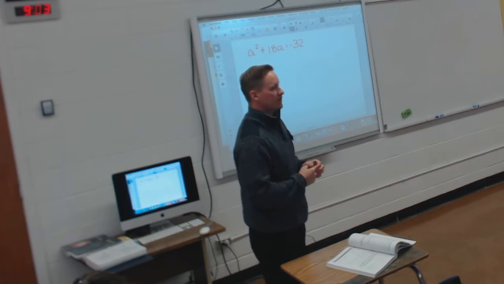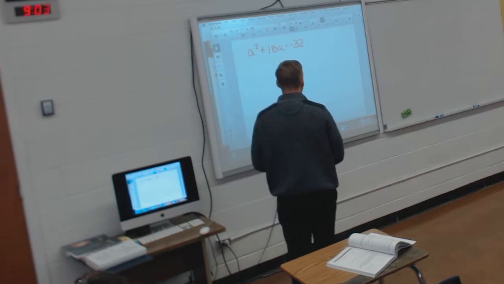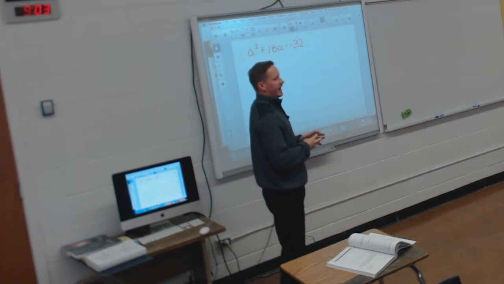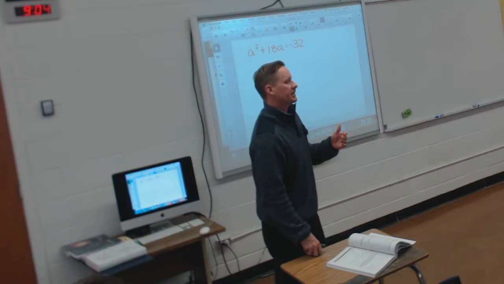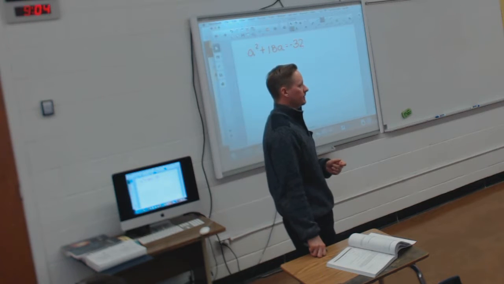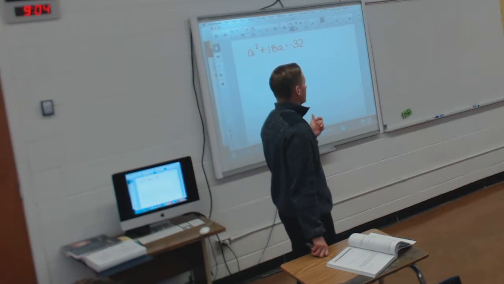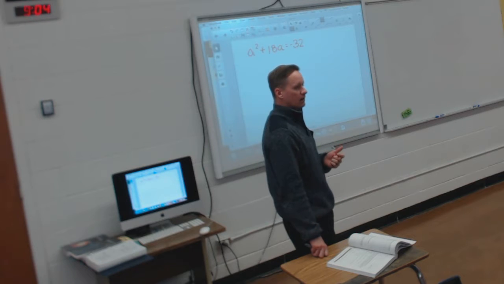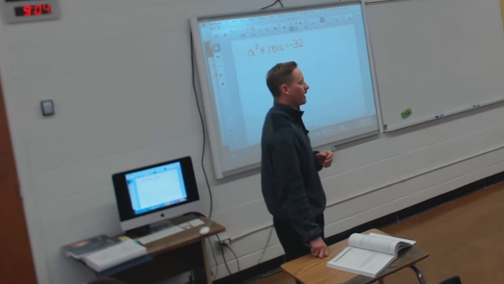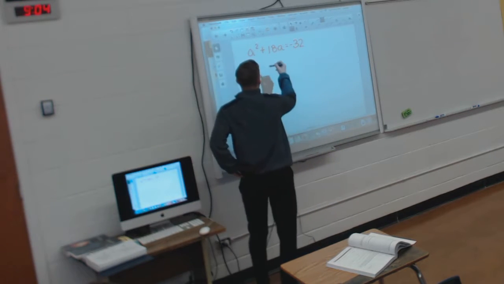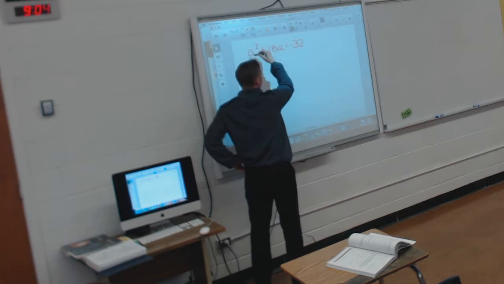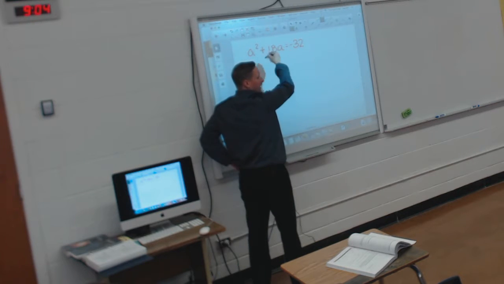Okay, so completing the square. Now, there is a catch on completing the square, doing it this way than what we have done in the past. So I'm going to do it the same way we have done it before, and it's a little bit more work, but at least it's consistent with what you've already done. So what I'm gonna do is just focus on this side right here, on the left side.